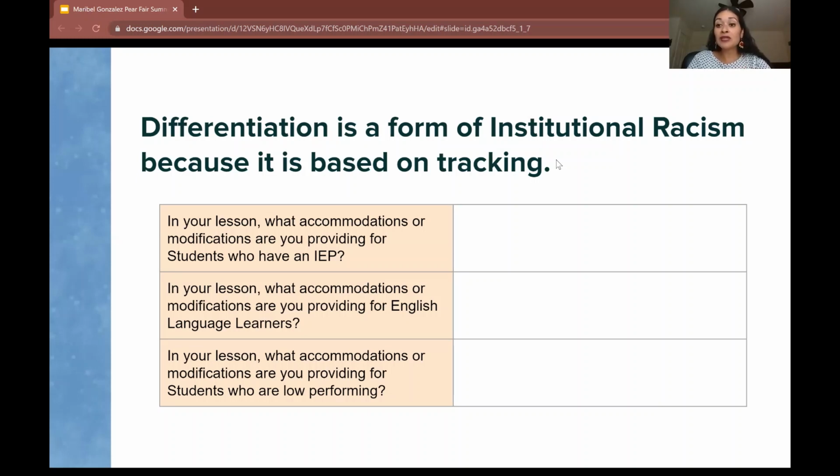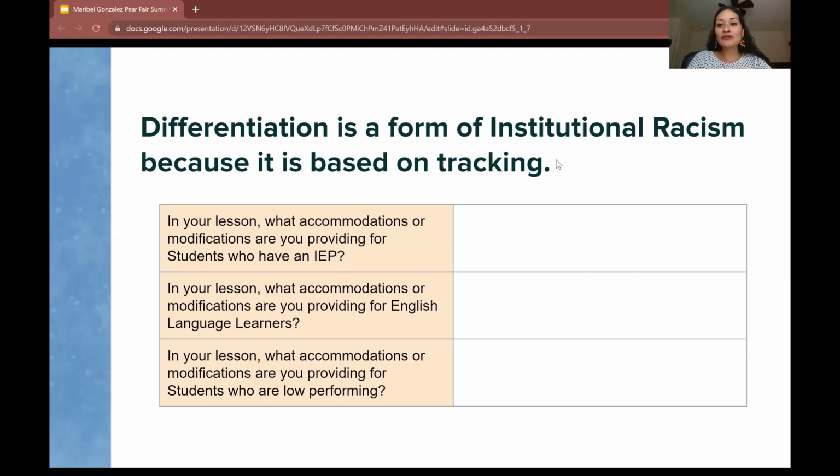There's even some school districts that identify low performing. How are you going to meet them, right? And typically what is accepted as responses is to give them completely different assignments. An example of differentiation is giving advanced learners zero homework, and the students who have an IEP, who are low performing, give them homework because they need extra help, right?